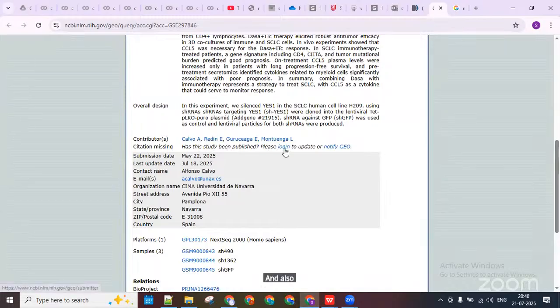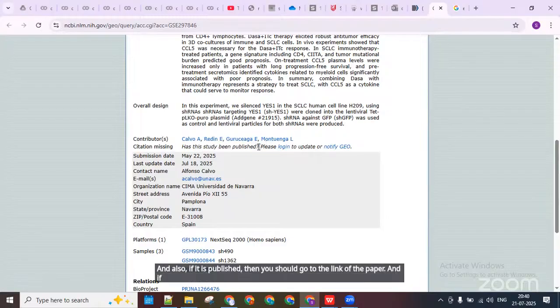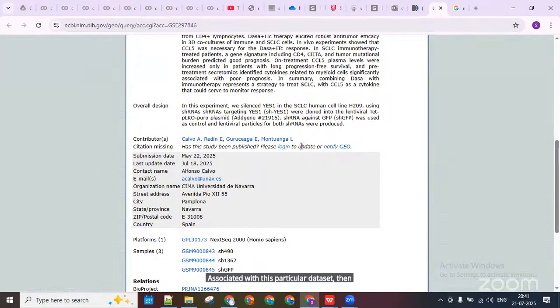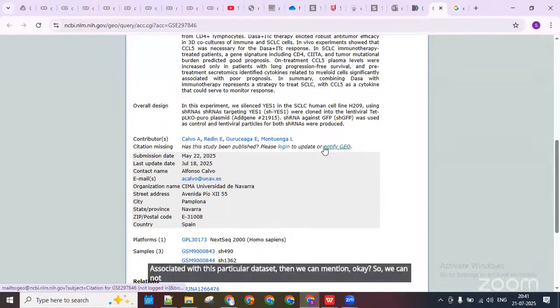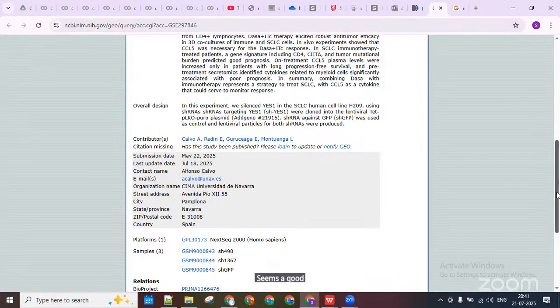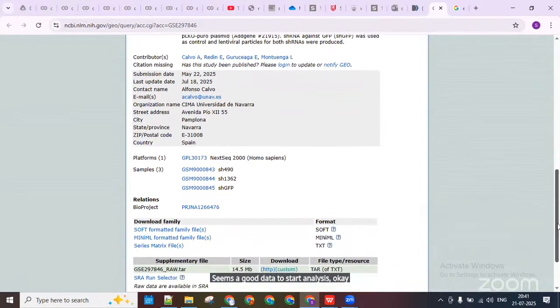If it is published, then you should go to the link of the paper. If it is not published, then there will be no paper mentioned here. They will ask that if you know any paper associated with this particular dataset, we can mention it, so we can notify them and they will add it here. But since it is very recent data, no work is already published, so this seems a good dataset to start analysis on.